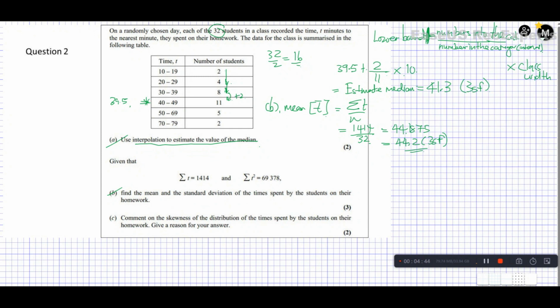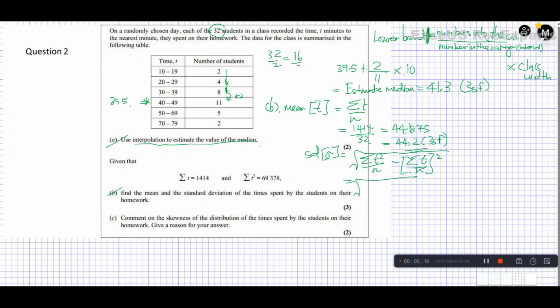And standard deviation. The formula for standard deviation, sigma, is the square root of the summation of t squared divided by how many, which is 32, minus the mean, or t bar, which is summation of t divided by n, squared. So you use all the values that we got.